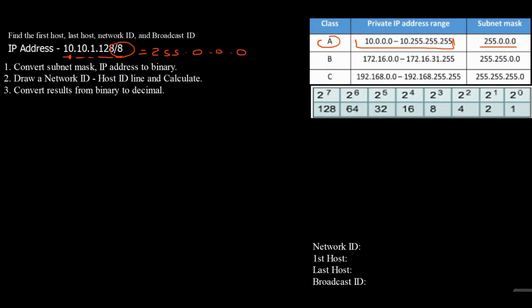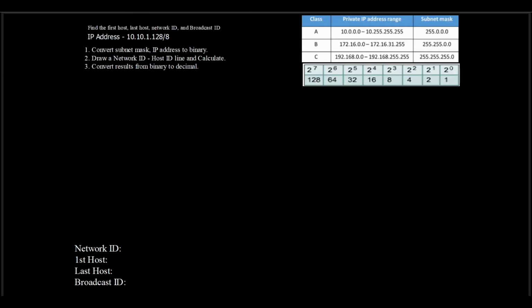So now let me erase this and type in this subnet mask in binary. With binary, /8 means that the network ID has the first 8 digits, in the first octet of an IPv4.